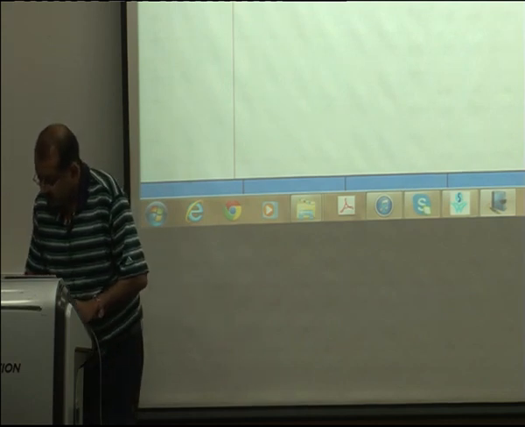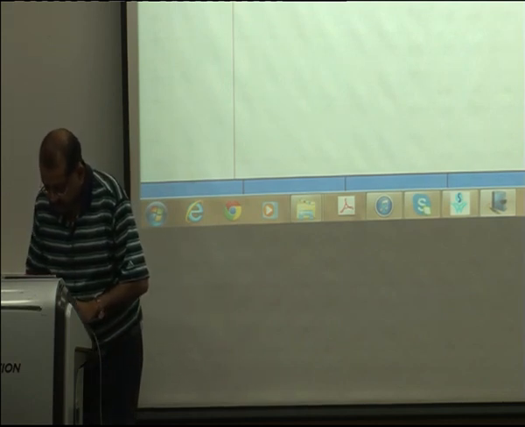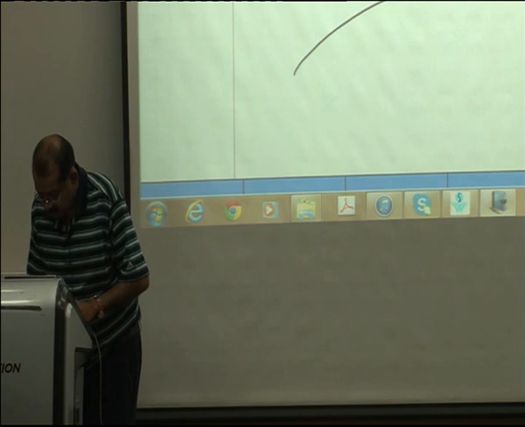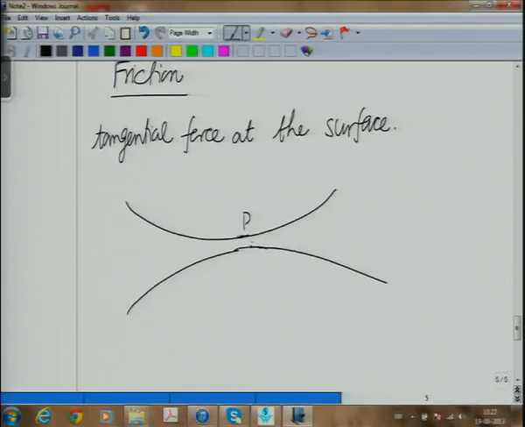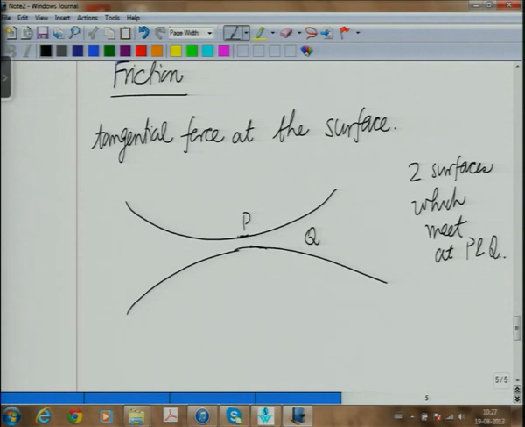So suppose we have two surfaces which meet at P and Q. So point P is on surface 1, point Q is on surface 2.